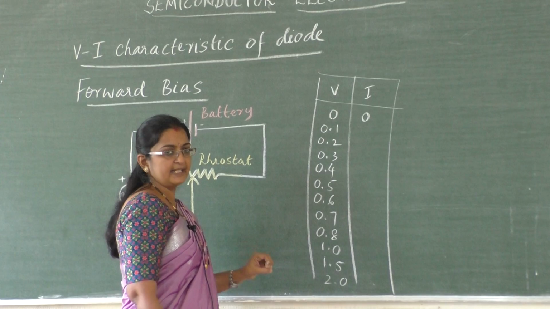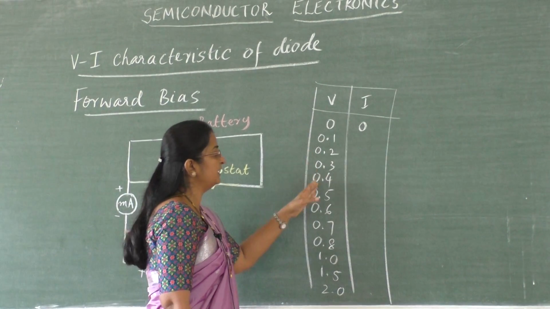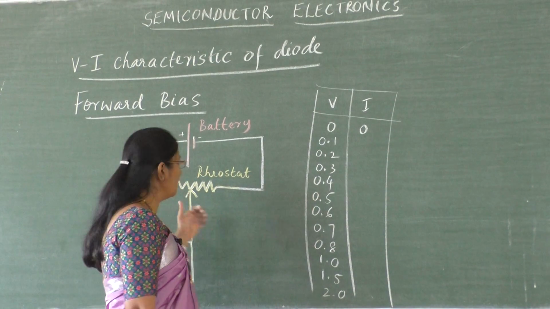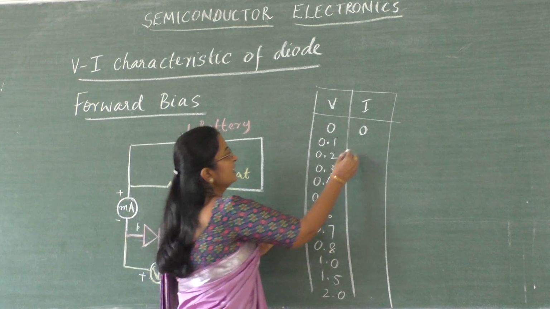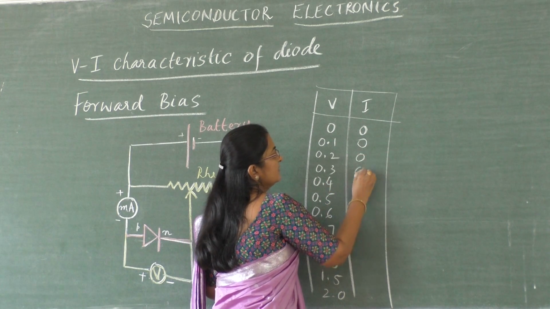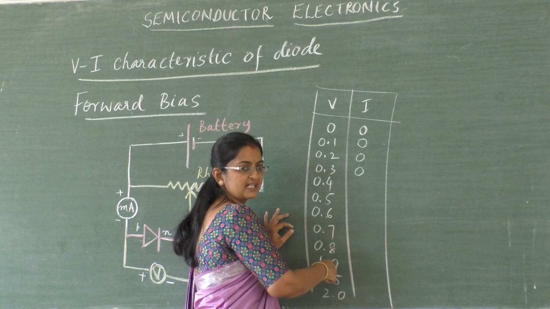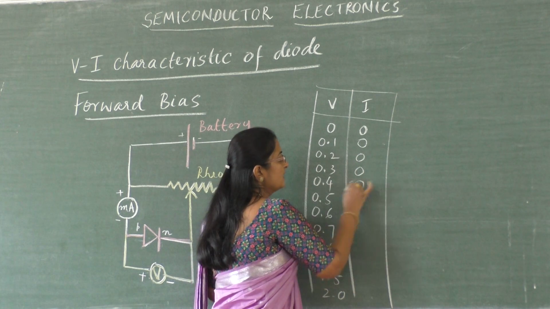For the first 3 to 4 values, the current reading will be nearly 0, like 0.05, 0.06, that is nearly equal to 0.